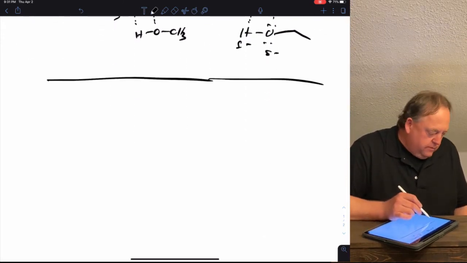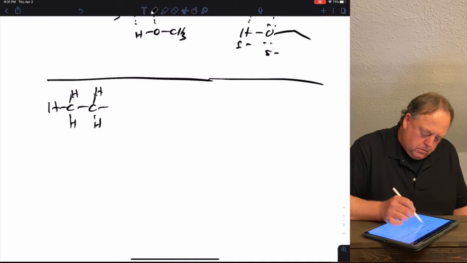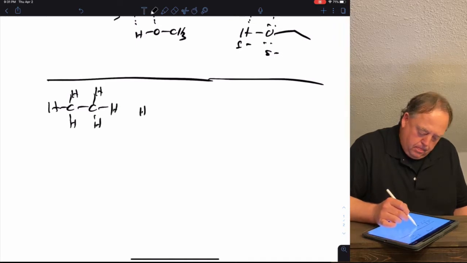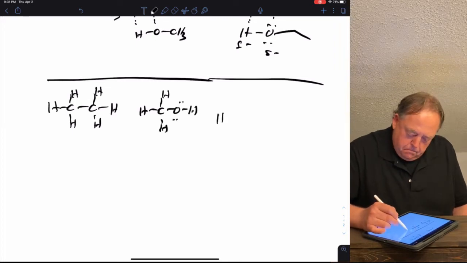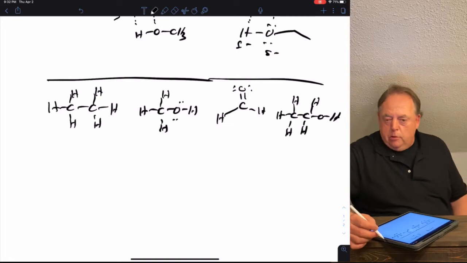Okay, let's take these 4 molecules. And let's put them in order of boiling point.